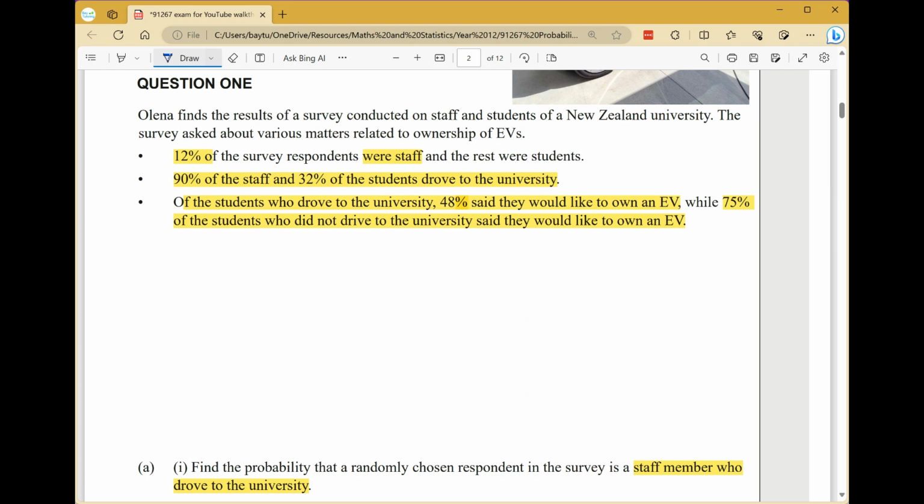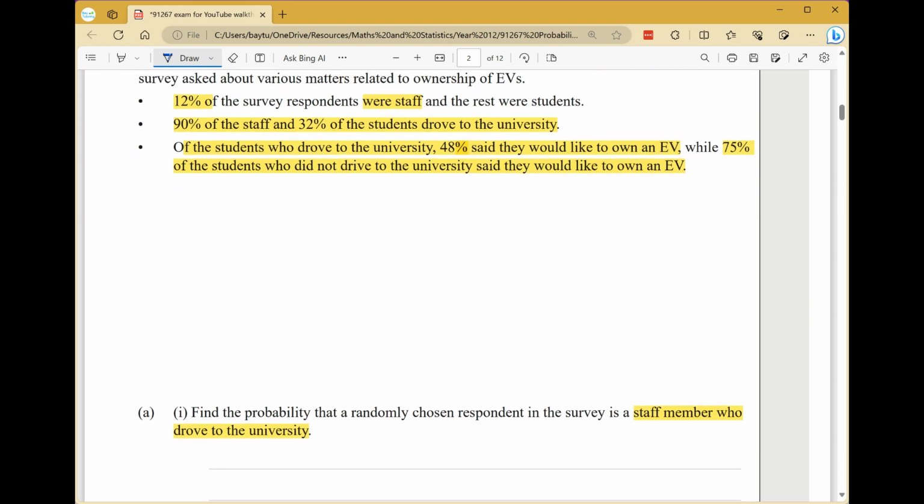So we want to find the probability that a randomly chosen respondent is a staff member who drove. Well, we know that there's a probability of 0.12 of picking a staff member, and 90% of the staff drove, so we can times that by 0.9, and that will calculate the probability.